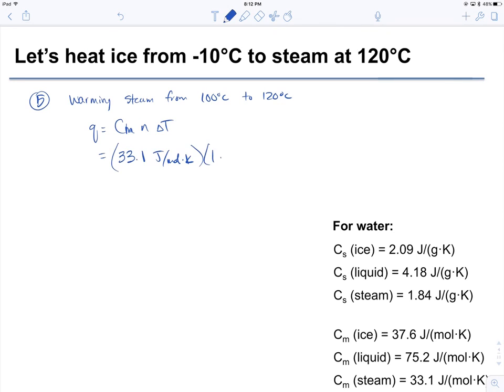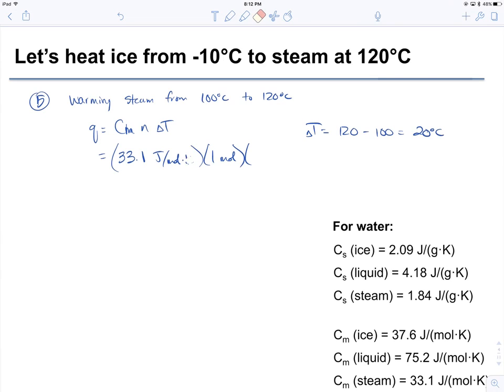We have 1 mole of substance, and my change in temperature, delta T, is equal to T final minus T initial, so it's 20 degrees Celsius. And I keep forgetting to change this Kelvin to Celsius, but again, Celsius and Kelvin here are the same because the delta T in degrees Celsius equals delta T in Kelvin, and that's why we can keep interchanging those when we need to.